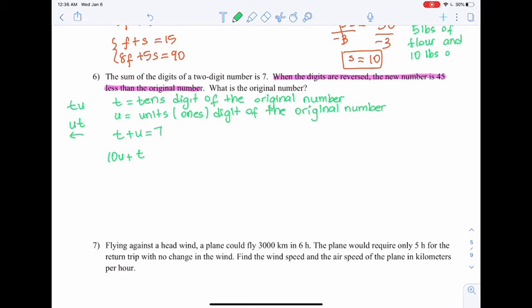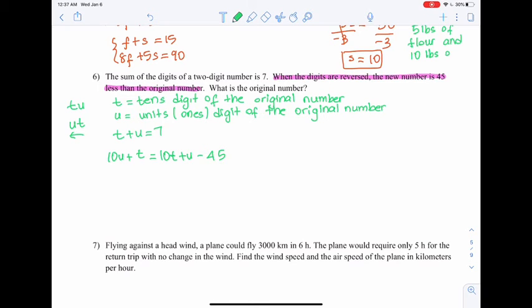We can write 10T plus U for the original, and for the reverse version, it is going to be 10U plus T is equal to 10T plus U, which is the original number, minus 45, since it is less than the original number.